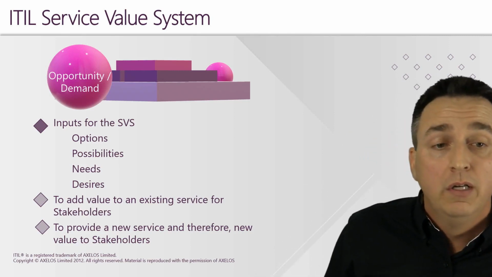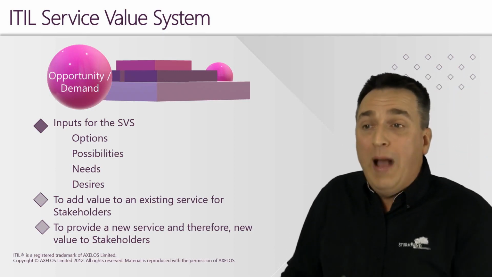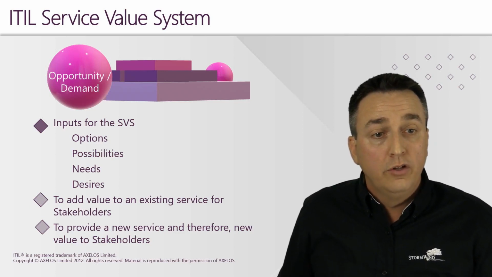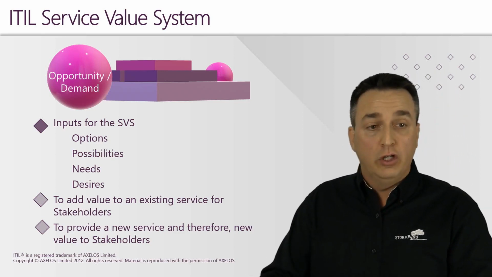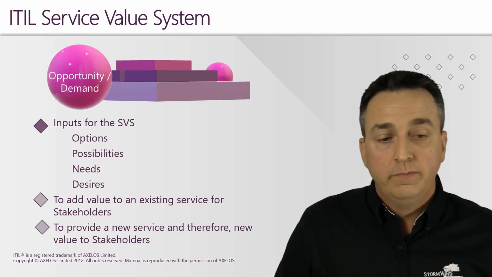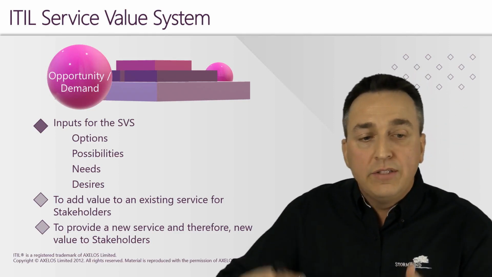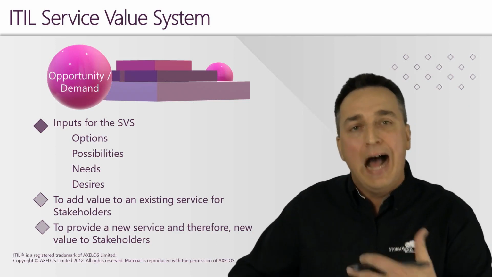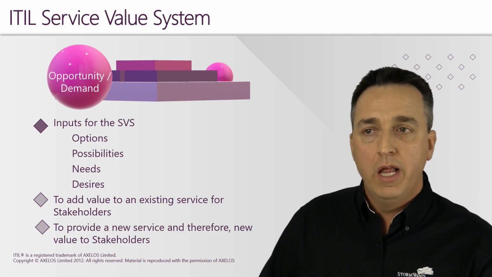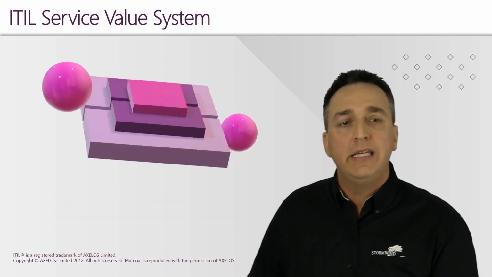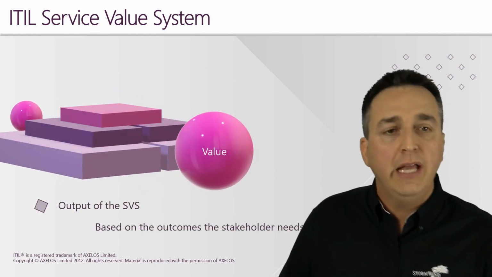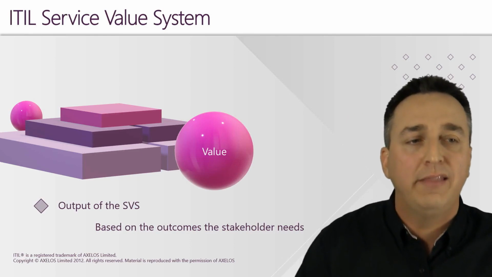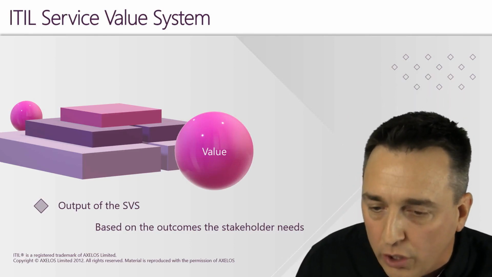For example, it could be to add value to an existing service, or to provide a new service and therefore new value. And anytime these opportunities and demands arise, how can we take advantage of them and ensure that in the end those customers, users, and stakeholders are getting the value that they need, the value that they are looking for?